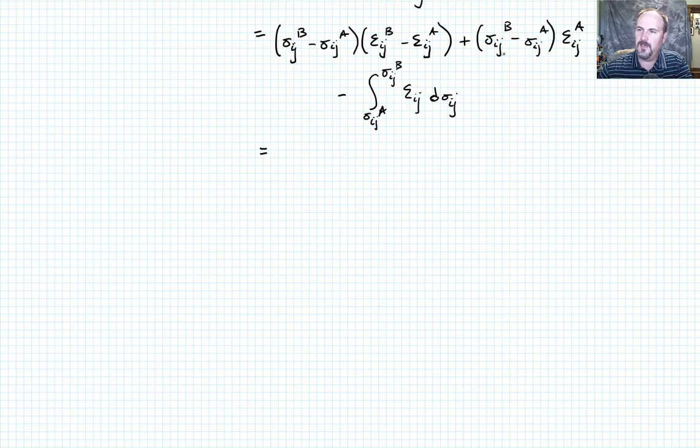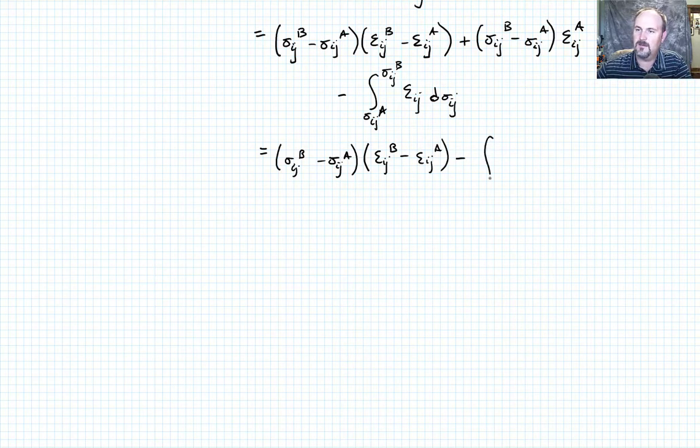Well, this term is actually the integral of epsilon ij a integrated d sigma from sigma ij a to sigma ij b, and so we can bring that inside this integral here, and we can write then that sigma ij b minus sigma ij a times epsilon ij b minus epsilon ij a, and now we have minus the integral from sigma ij a up to sigma ij b of epsilon ij minus epsilon ij a times d sigma ij, right?